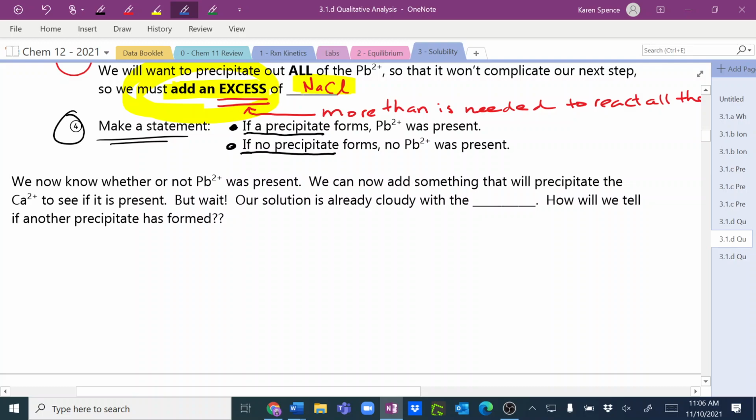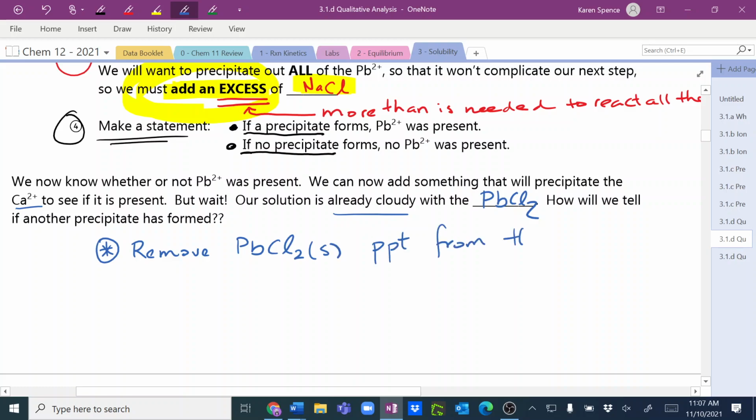We now know if lead was present, we can now add something that will precipitate the calcium. But wait, our solution is cloudy with the lead chloride. How can we tell if another precipitate has formed? Well, we need to remove the PbCl2 precipitate from the solution.